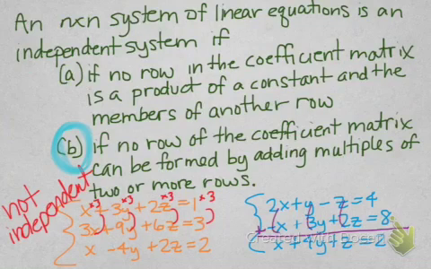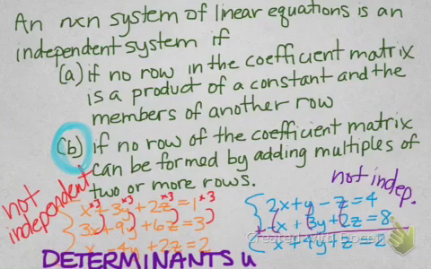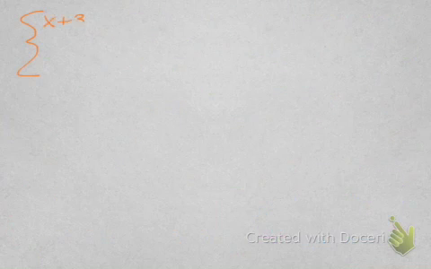So if I add those together, it's not independent. Okay, so why does this matter? The determinants will equal 0 in this case. So if you have this case where you have multiples of each other, or a couple of the equations add up to get the other one, your determinant will automatically be 0.